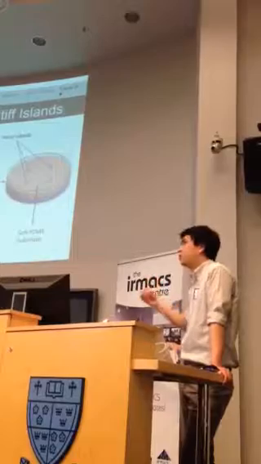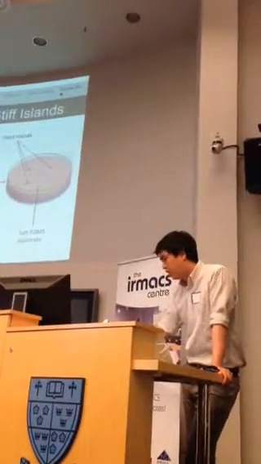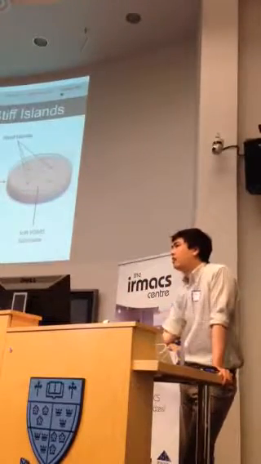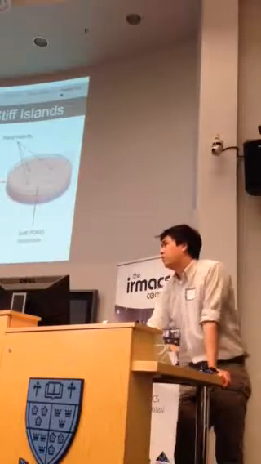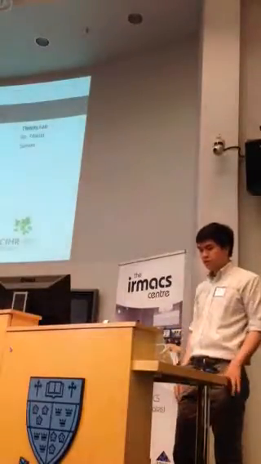Since we're expecting more nodal cells to be generated on hard substrates, we'd expect to see more nodal cells on these hard islands. If that's true, it would definitely be something interesting moving forward. With that, I'd like to thank my funding sources and some people.